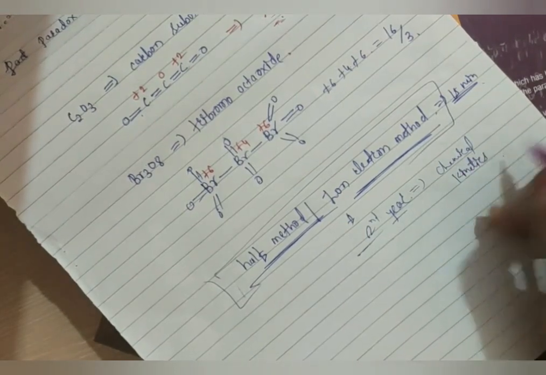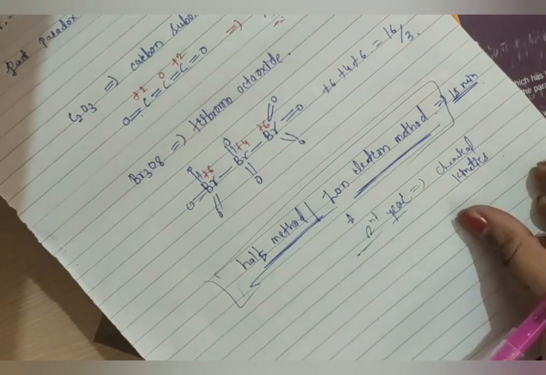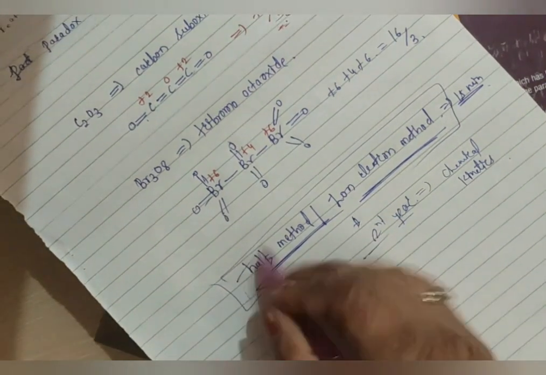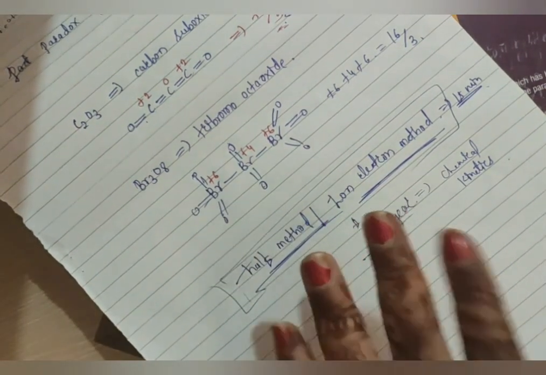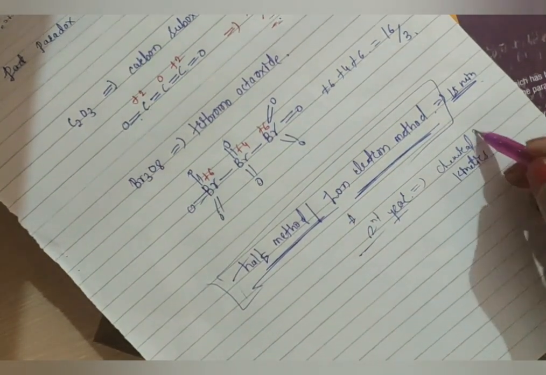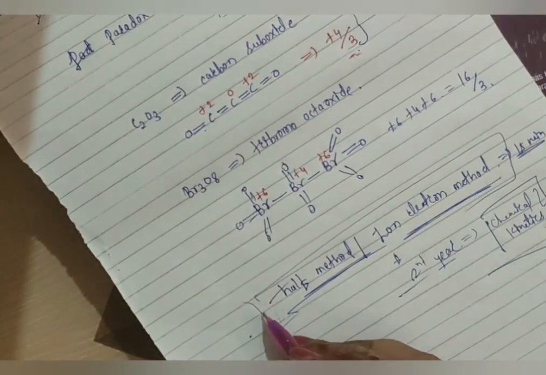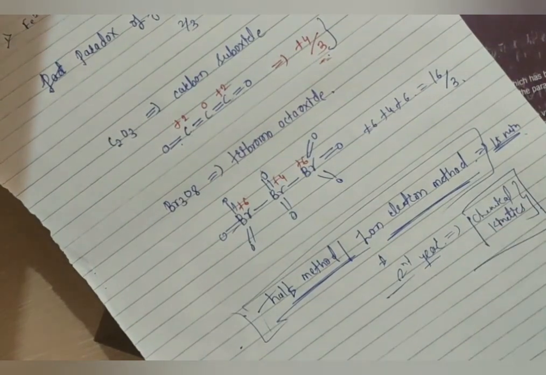Chemical kinetics, and to understand chemical kinetics you should understand the half method, because in chemical kinetics also you should write the half reaction, and here I will tell how to write the half reaction. So if you understand in first year how to write the half reaction method, you can easily understand chemical kinetics in the second year. So don't worry, I will finish this half reaction method in this week only.